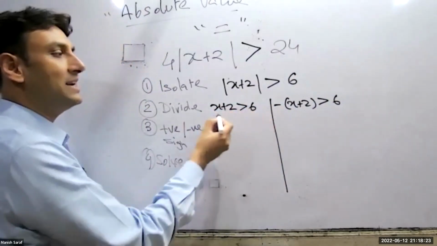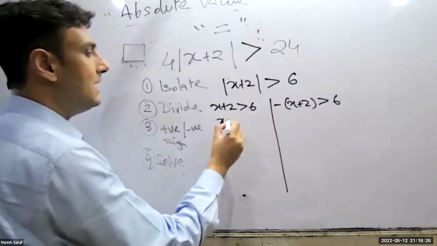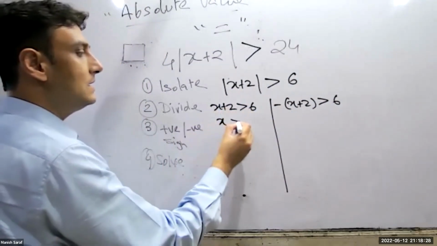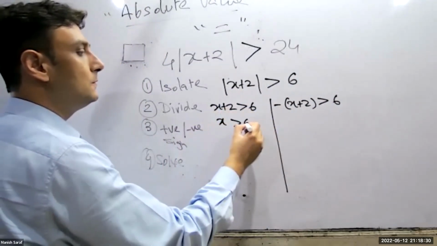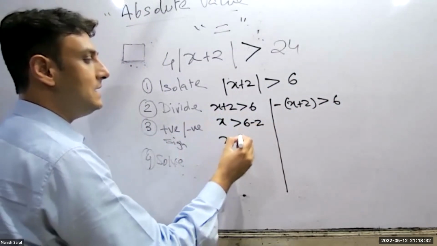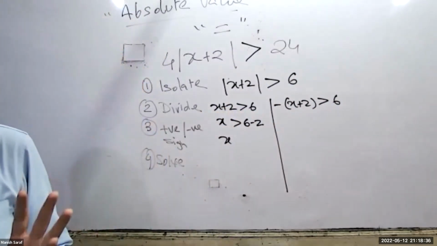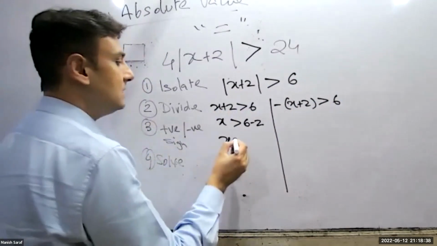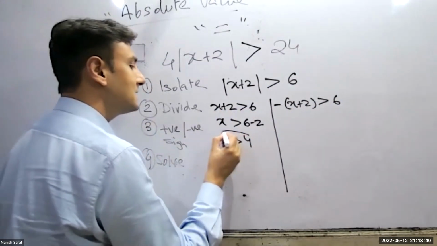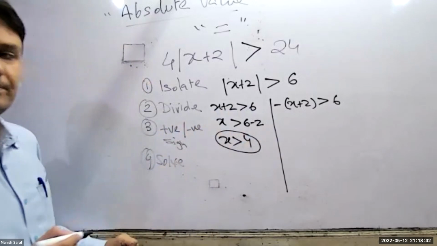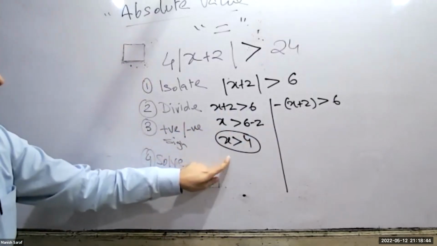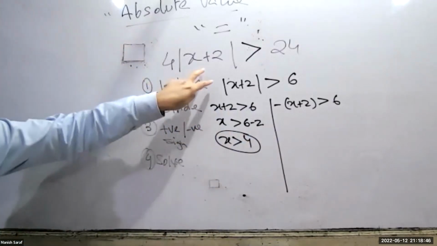Subtract 2 from both sides. x plus 2 minus 2 is x, greater than 6 minus 2. Because we subtract the same quantity, the sense of inequality will not change. And the answer is x is greater than 4. For any value greater than 4, it seems this should be true.